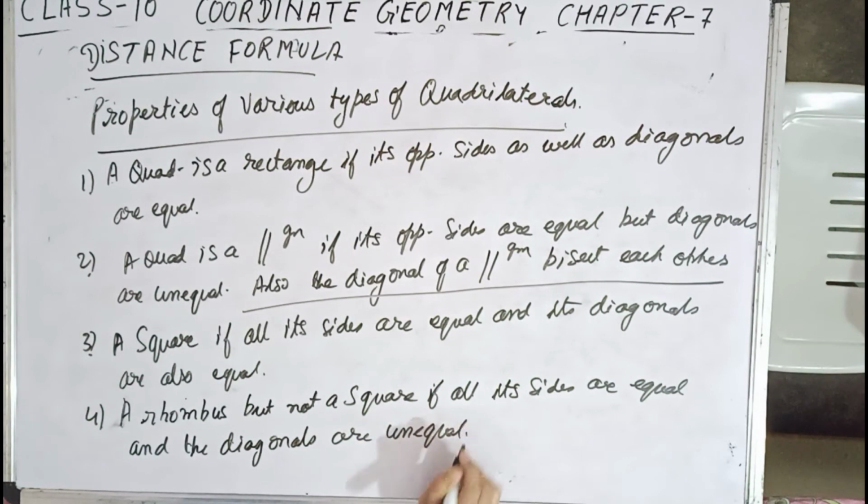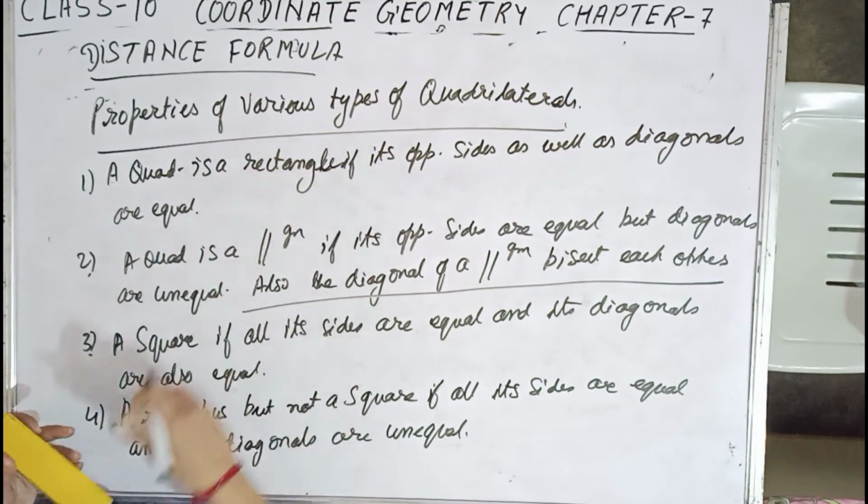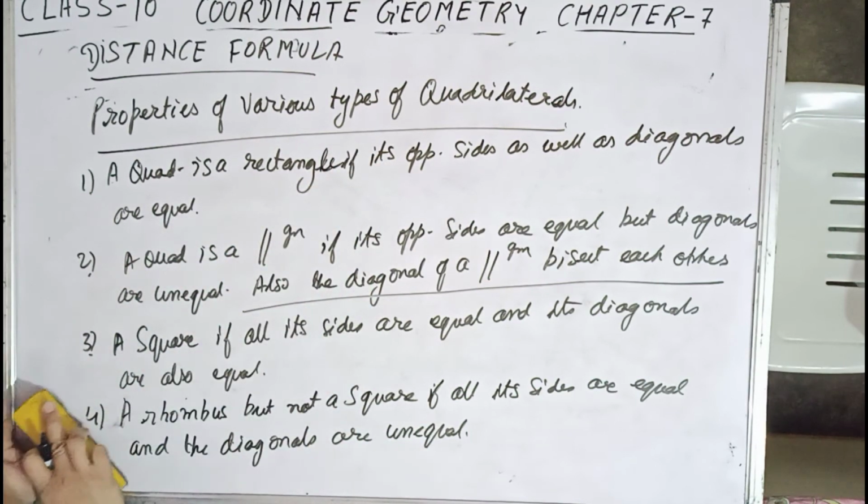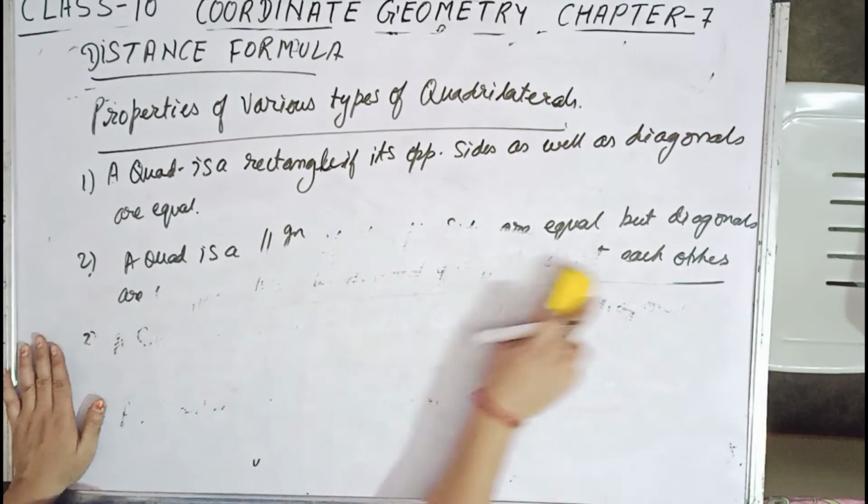These properties, children, you have done in junior classes, so you should keep in mind the properties of all types of quadrilaterals and proceed. So let us proceed with the exercise sums.